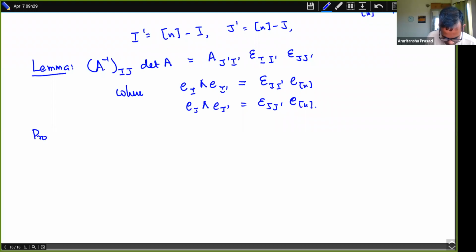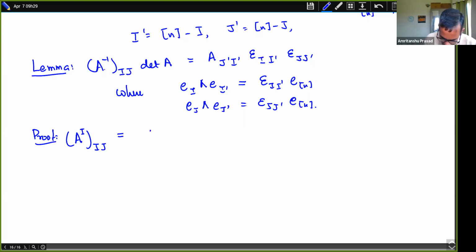It's rather nice. It's one of the reasons exterior powers are so much easier to work with than symmetric powers. So let me just give you the proof, and the proof is as follows. I want to compute the inverse matrix, I want to compute its I, J entry, capital I, capital J. How do I interpret that?